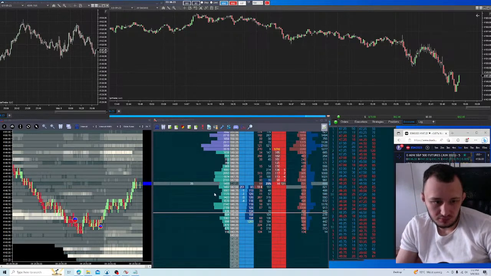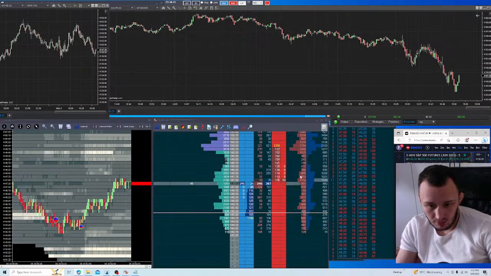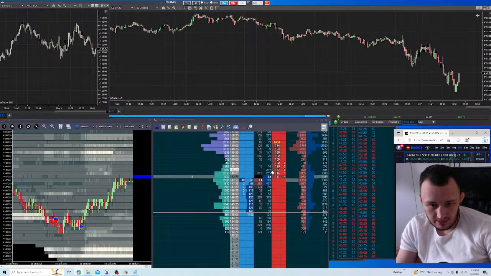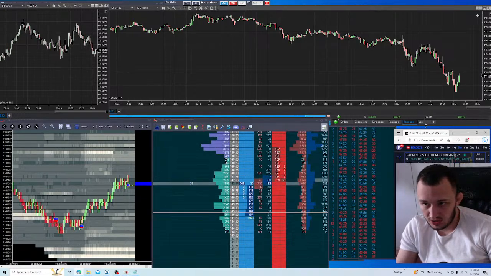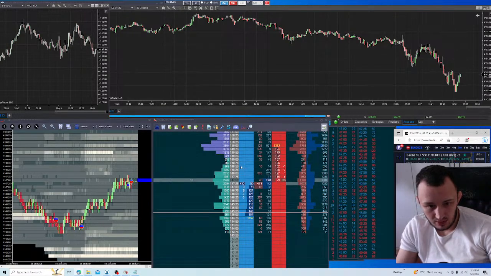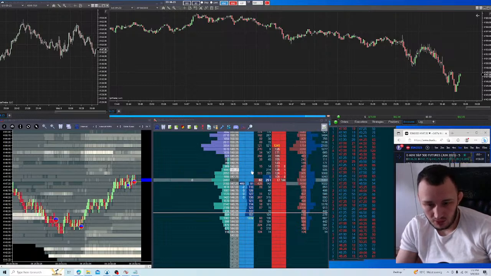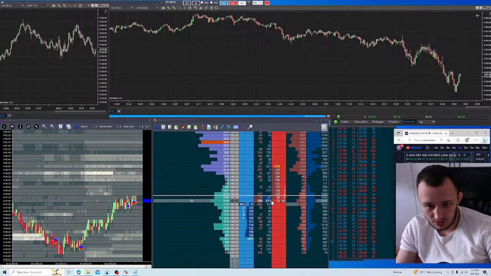Okay, so what happens now? We've gotta check. We had some big buyers come in here. We had this low note here, which probably has a lot of stops sitting around 48.50. Now if we trade up there, the question is, do we get a fast push through?